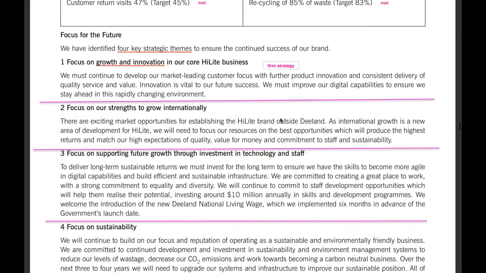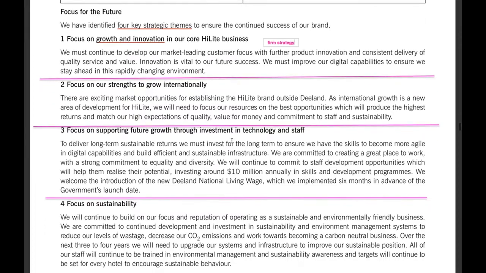And then you're talking about the second one, focus on our strength to grow.